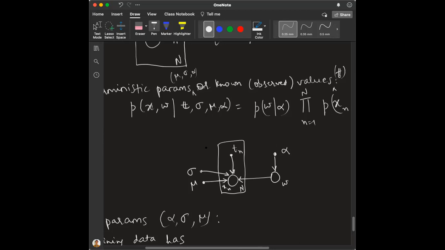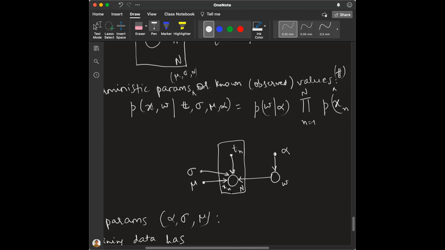So let's say it is a speaker diarization problem, and you are labeling each frame with some label. The frame parameters, like the acoustic features which you extract from each frame, will be your TN, and then XN will be your speaker label.